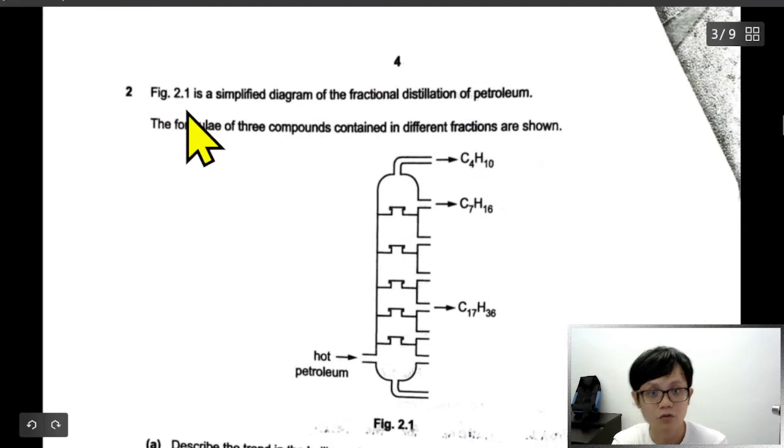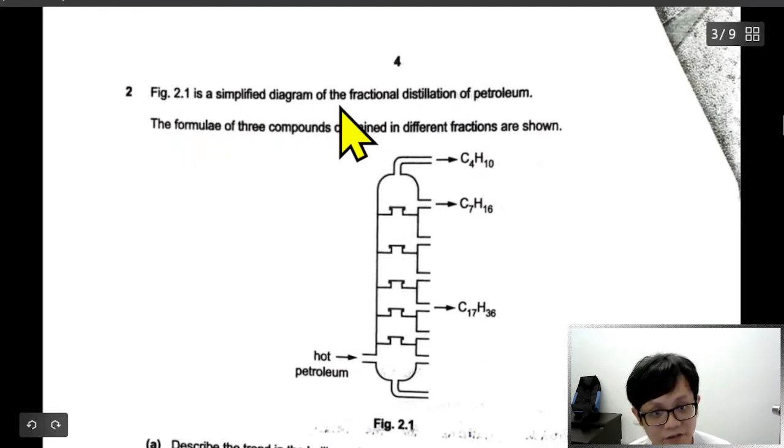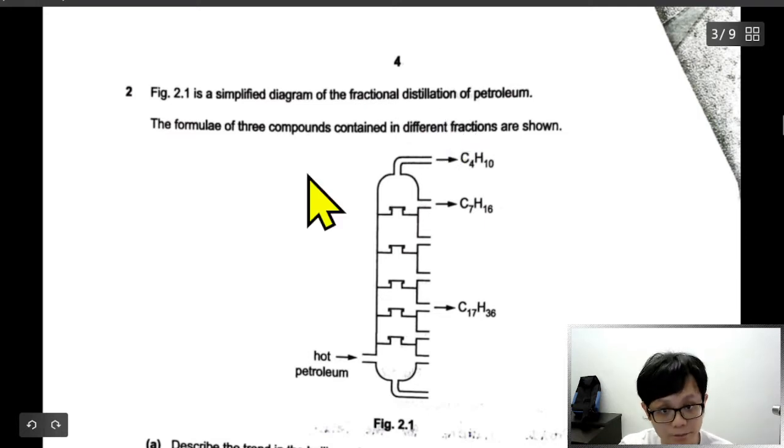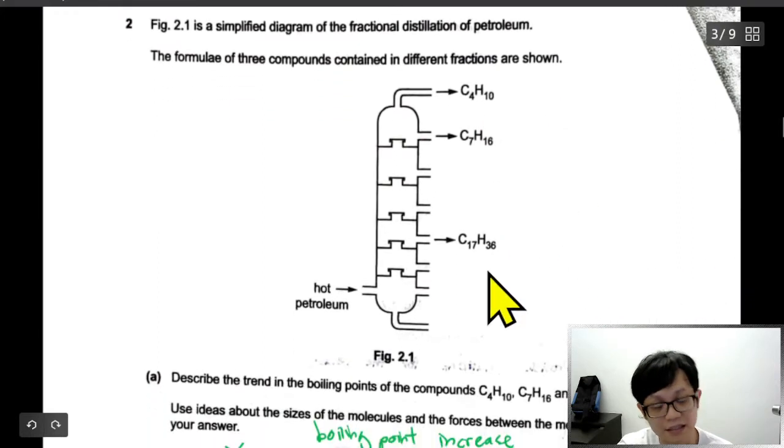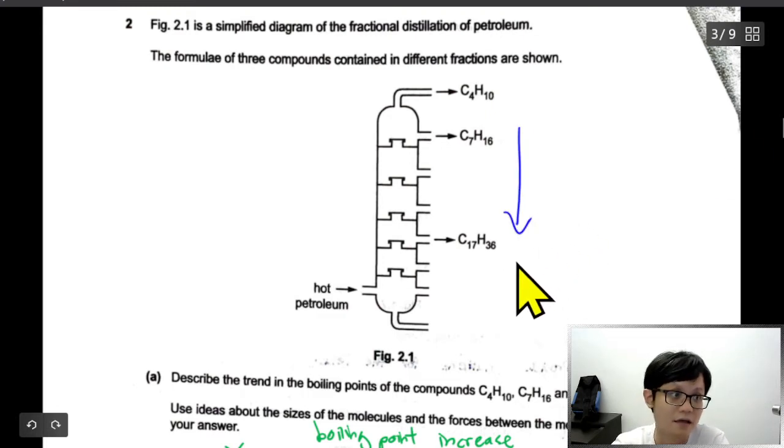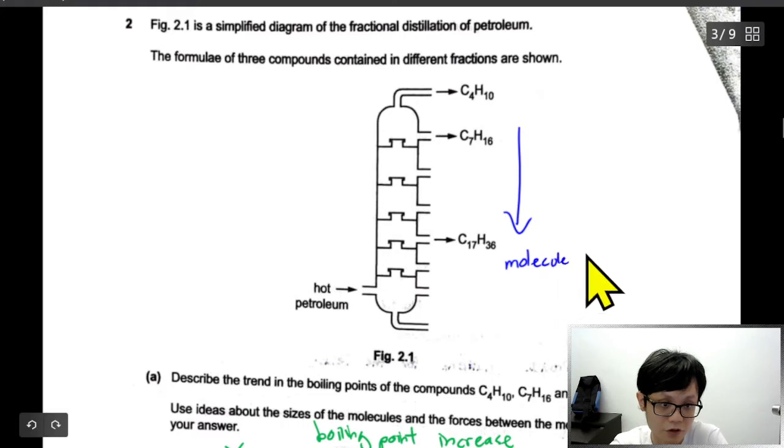Number 2 is a simplified diagram of fractional distillation of petroleum. The formulae of 3 compounds contained in 3 different fractions are shown. So we can see down here that the molecule is bigger, correct or not?